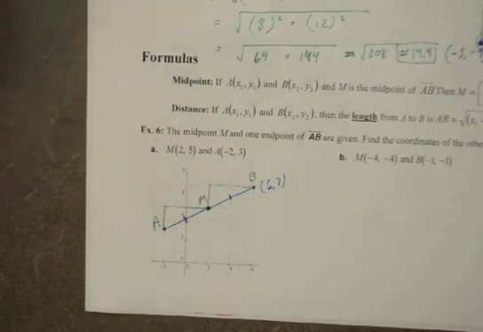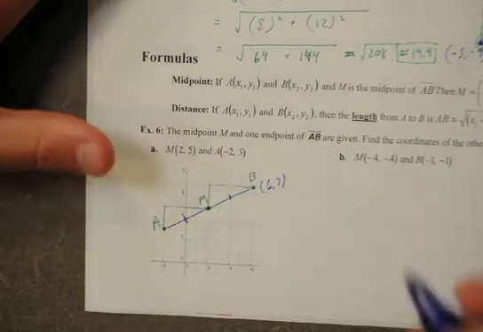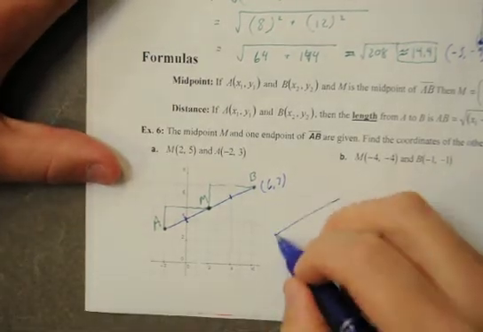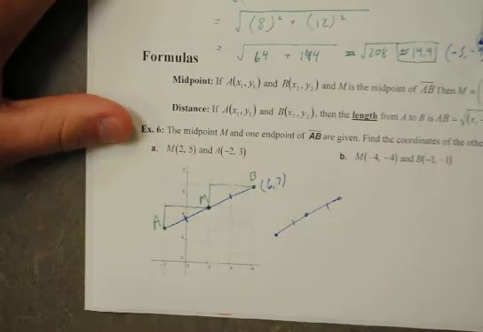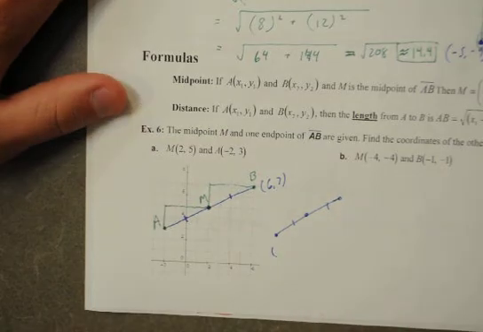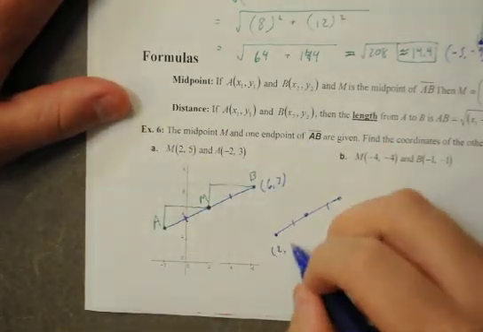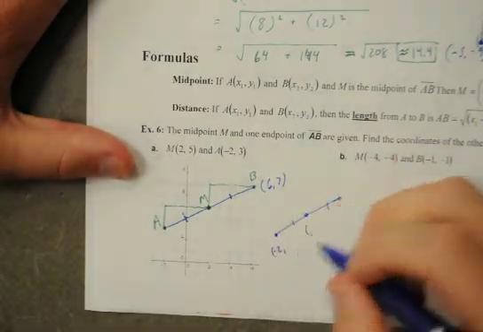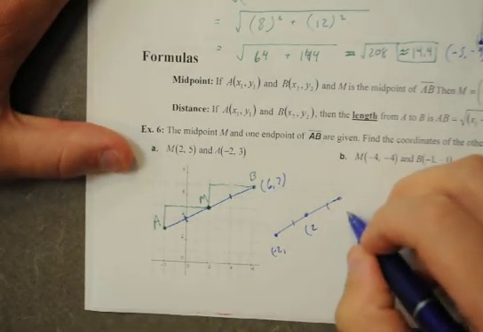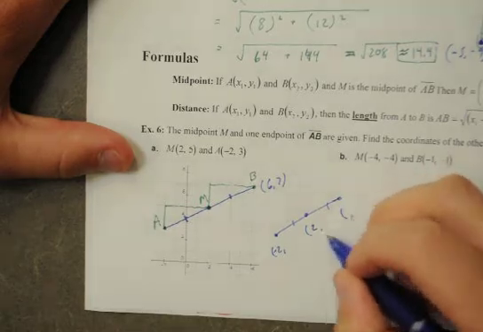Alright, there's another way to do that as well, and that is you just draw a random segment like this, and you look at the points. This is negative 2, this is 2. What's that point have to be?